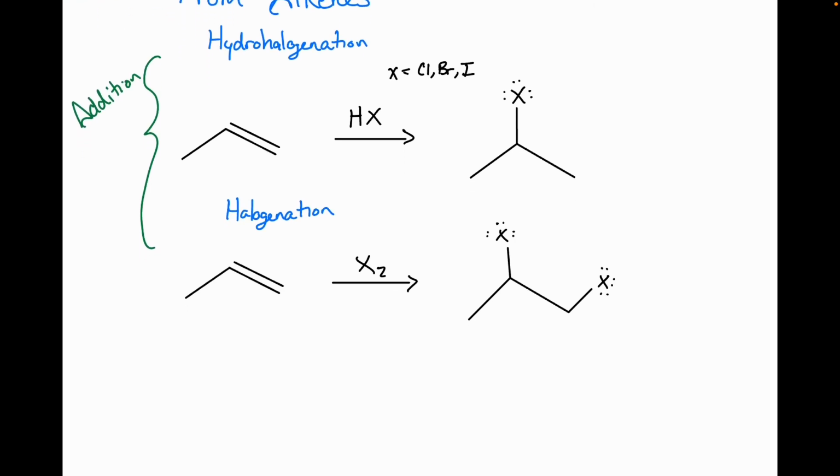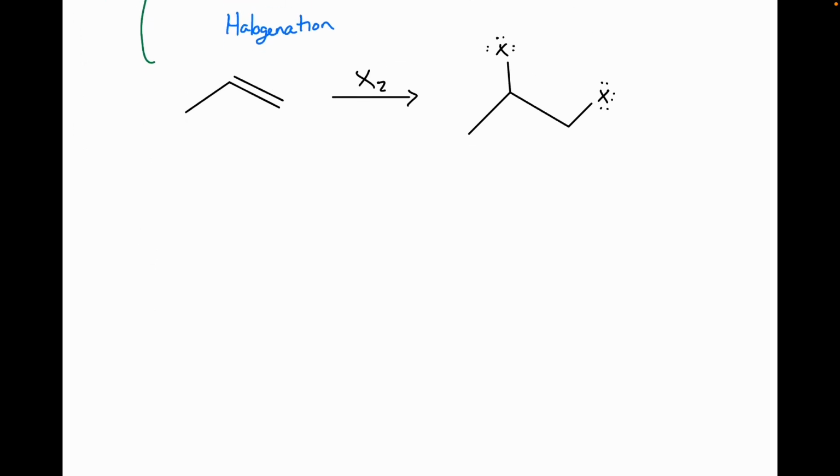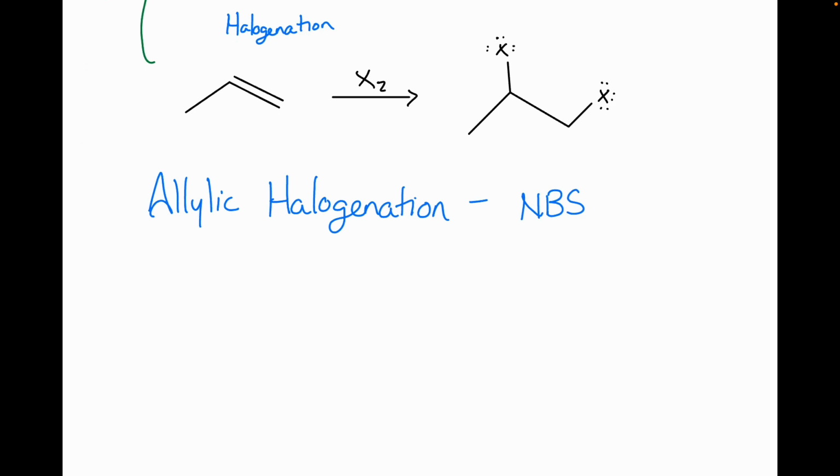All right. Now we're going to talk about another one here, which is what's called allylic halogenation. Which uses N-bromosuccinimide, which we call NBS.